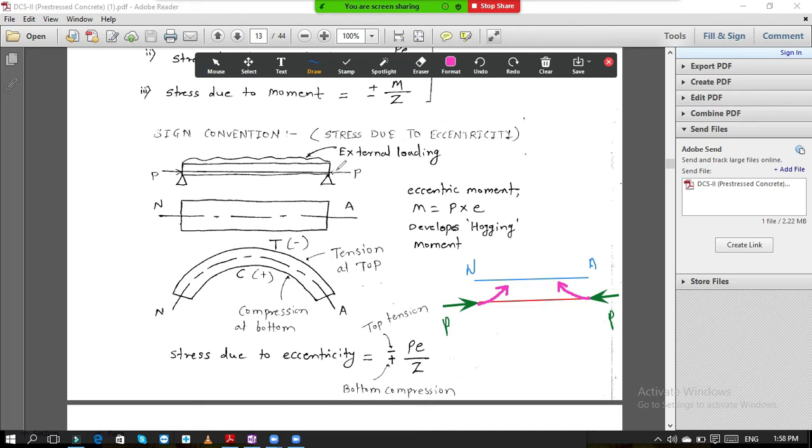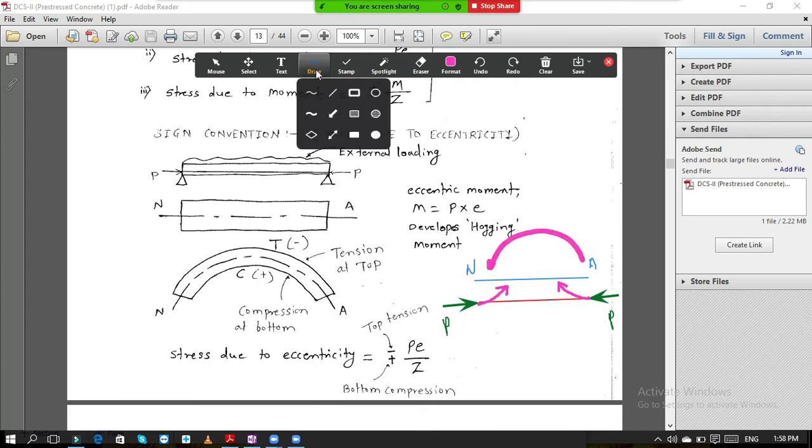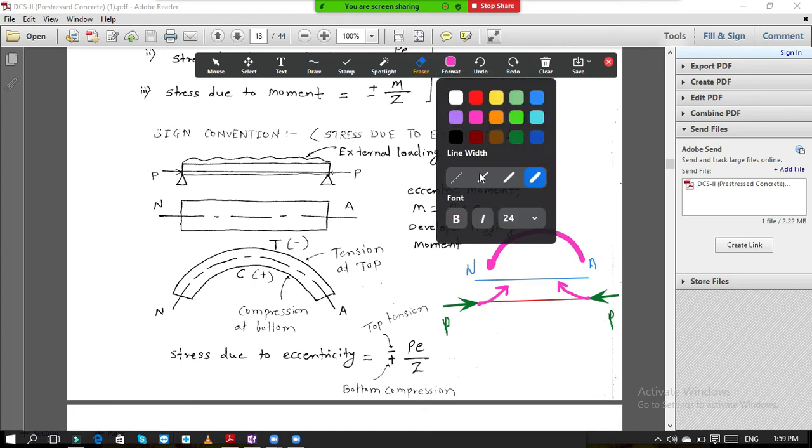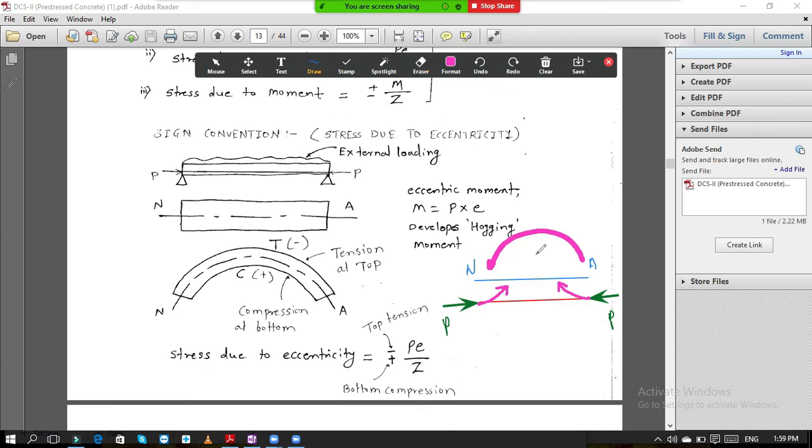Due to which your beam will bend. If it tries to uplift the neutral axis, how will the neutral axis become? If this portion is lifted up, the neutral axis will become like this. So this is the bending profile. Compression is at bottom and tension is at top.